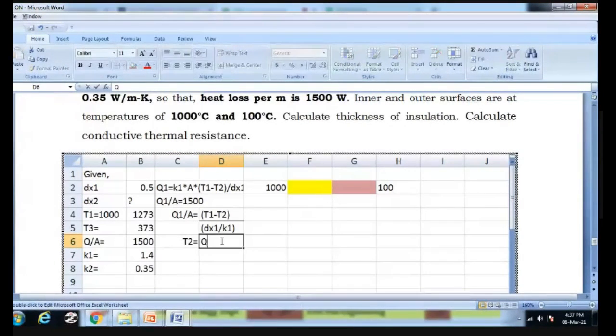I'll make Q1 divided by area, that is 1500 as your value, into dx1 upon this.